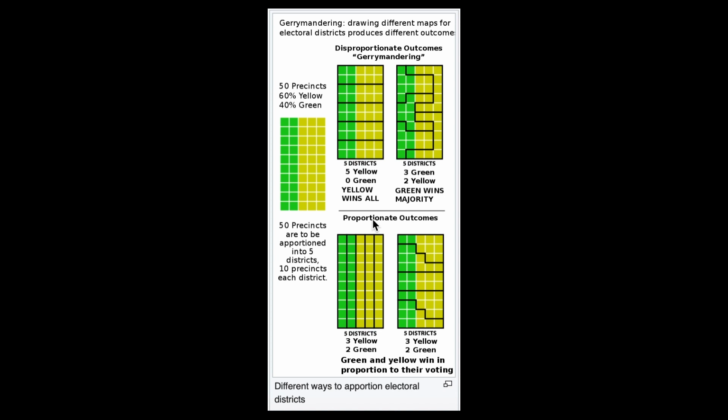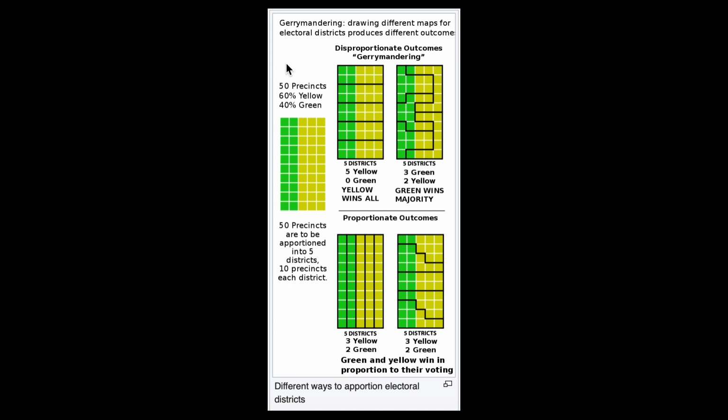Okay, here I will use this very simple example to show you the basic idea of gerrymandering. This is from the Wikipedia page for the terminology gerrymandering, and you can take a look as well if you have time. So what does this mean? It means that drawing different maps for the electoral districts produces different outcomes.